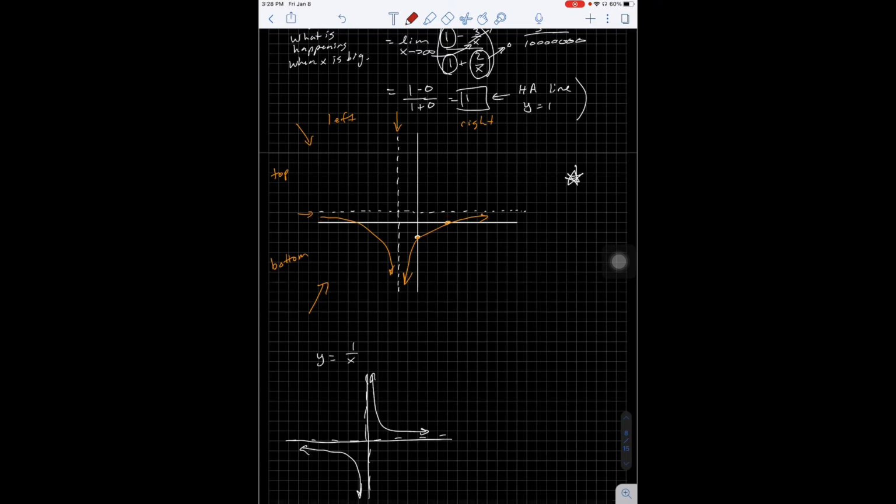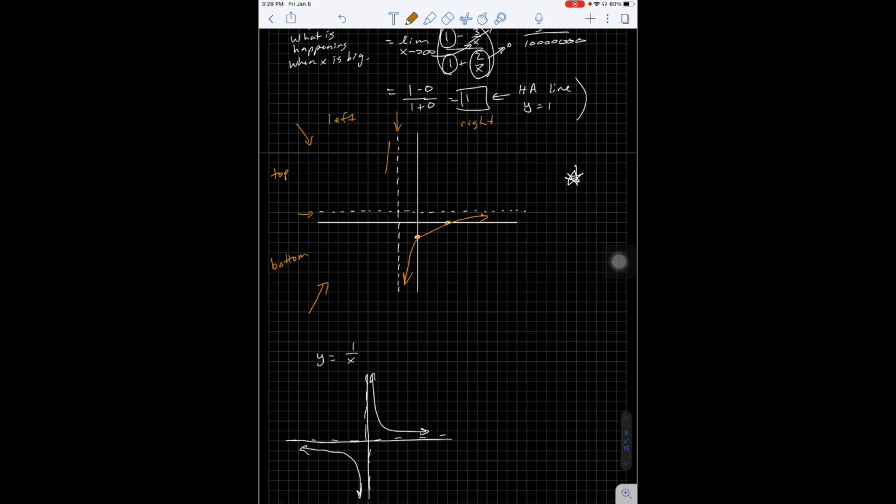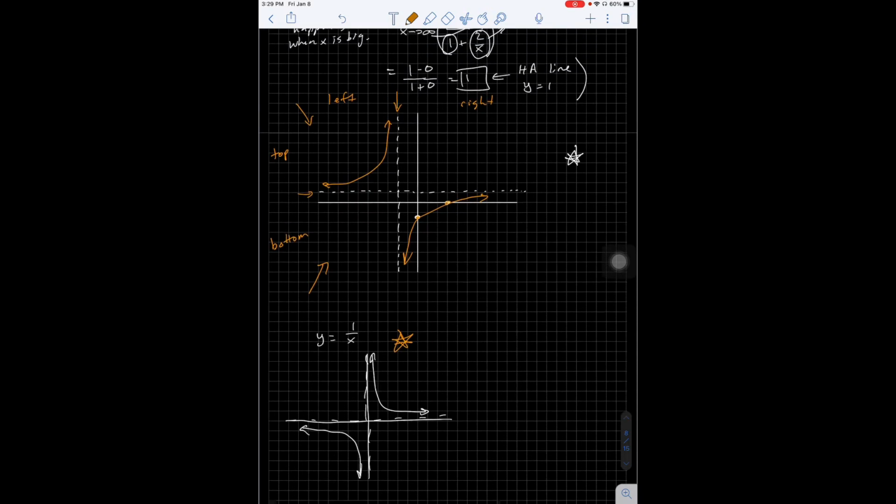So it must be up here. And I don't care how close it is or what the slope is, as long as it's a swoosh growing towards the asymptotes, that's fine. And this is the graph of the function that we started with. You can see it looks similar to our parent graph, but it's been shifted and flipped around a little bit. Okay.